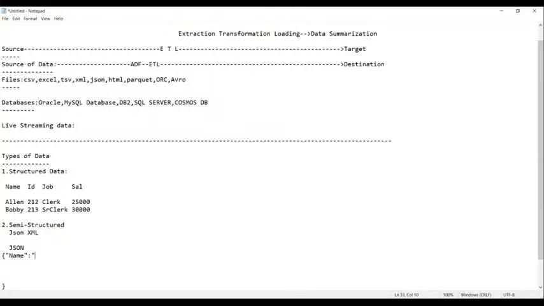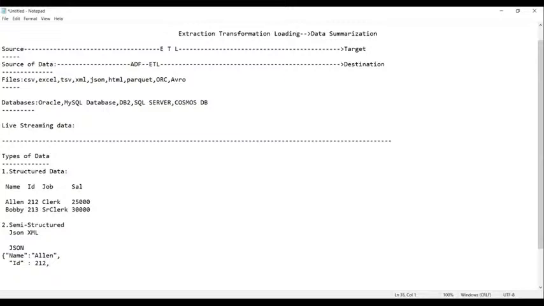Alan. Now use a comma here. Now tell me, what's the next thing you have? ID. Then what's the ID here? 212. As it is numeric data, it is not kept in double quotes.